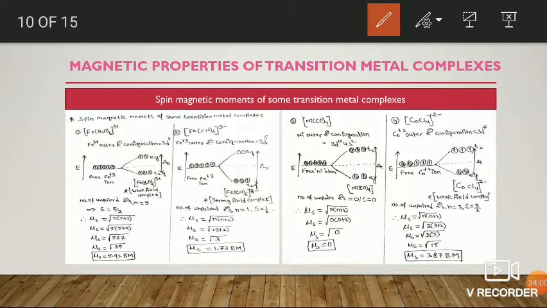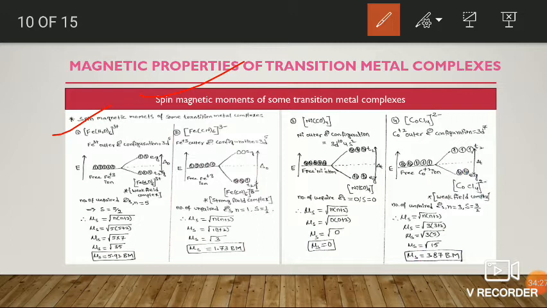observe some examples, that is, the calculation of magnetic moment values of transition metal complexes according to the spin only formula, that is, the spin angular momentum values of the transition metal complexes. The first example complex compound is hexaaqua iron ion.